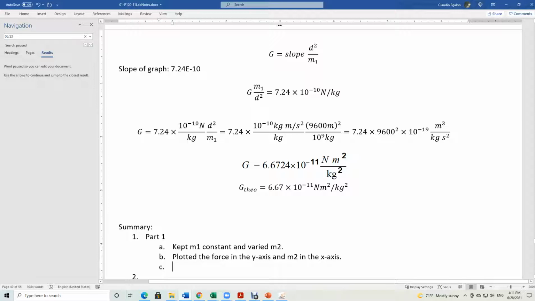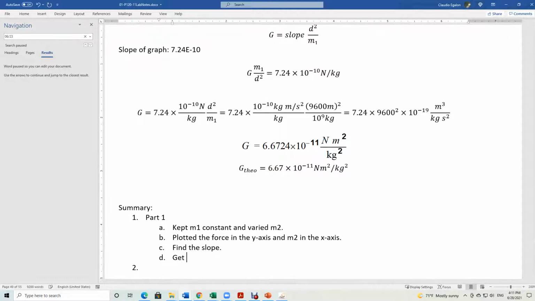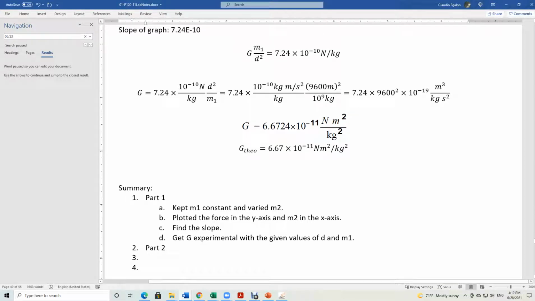What else? Find the slope. Get G experimental with the given values of D and M1. Okay, that's what we did in part 2. We did 2 things.